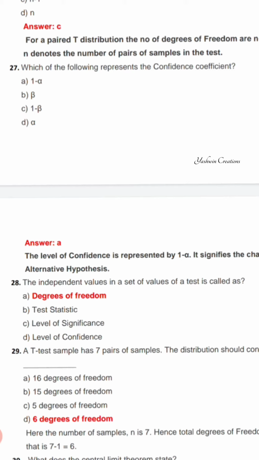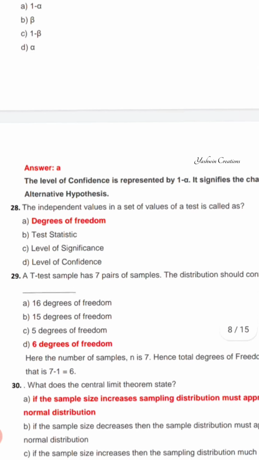So the distribution should contain n minus 1, so what you will get is 6 degrees of freedom. It is a pair of samples, not an unpaired one, so you need to substitute in the n minus 1 formula.